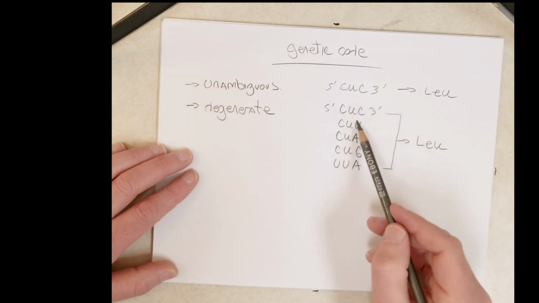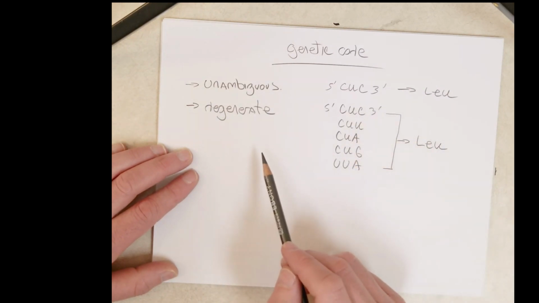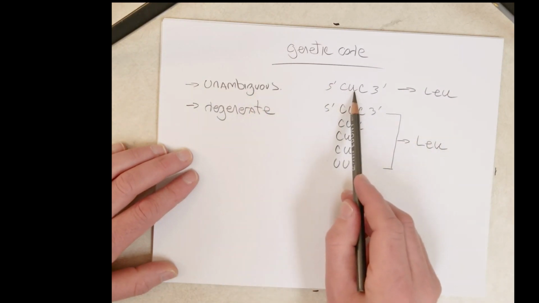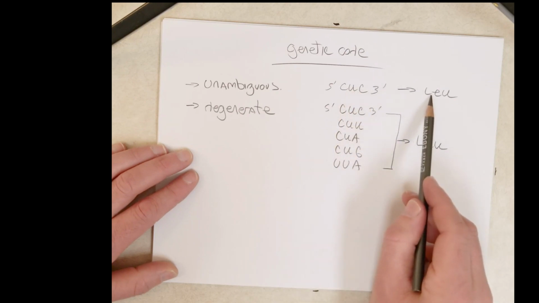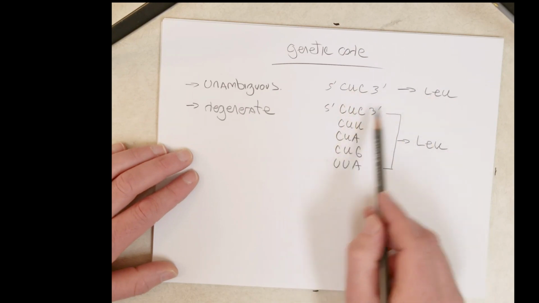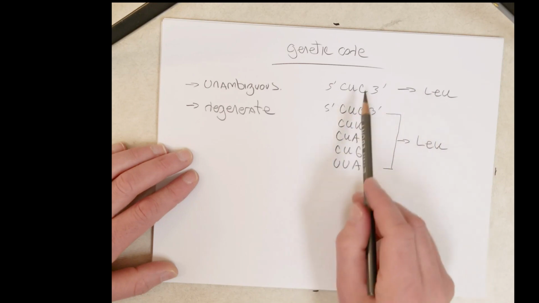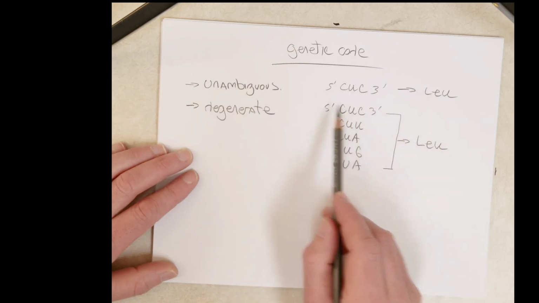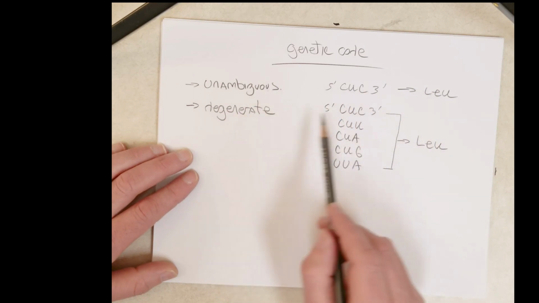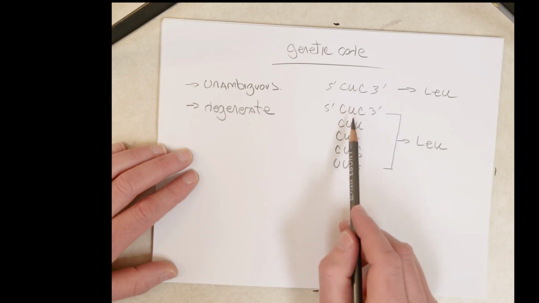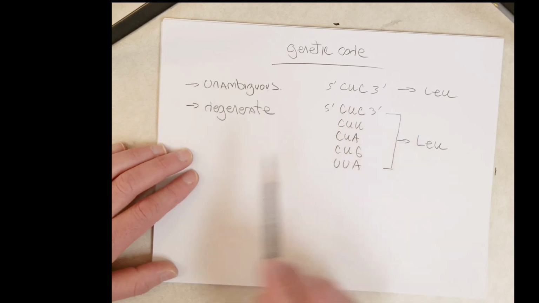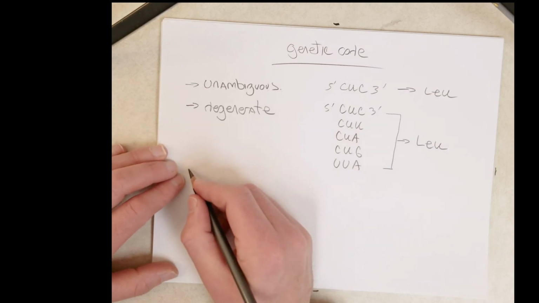So more than one codon can specify the same amino acid. So it's unambiguous: each codon specifies only one thing, an amino acid or a stop codon, sorry. Degenerate means we can have different codons specifying the same amino acid.